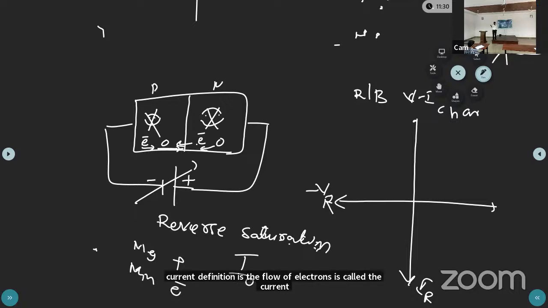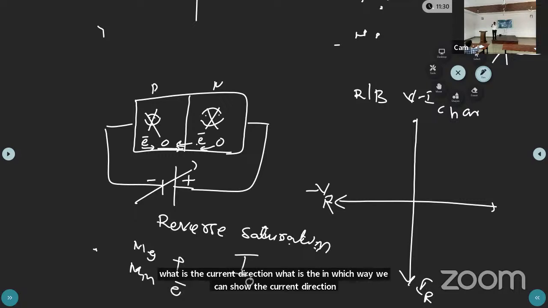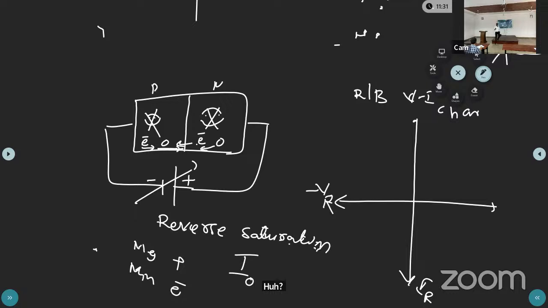In which way can we show the current direction? You can remember the current direction is always opposite to electrons. The current direction is opposite to electron direction.